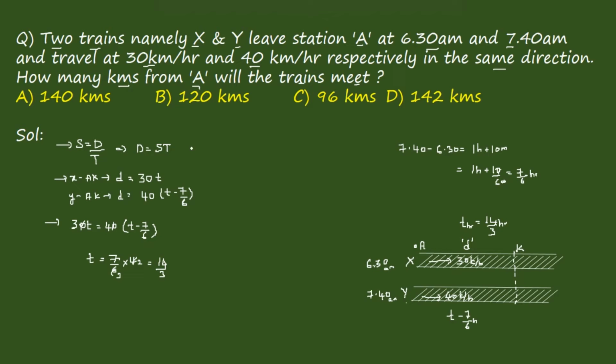The basic formula is D is equal to speed into T, so D is equal to 30 into 14 by 3. It becomes 10 into 14, which is 140 kilometers. This is the distance from A to where the trains meet. Total distance is 140 kilometers. So the answer is option A.